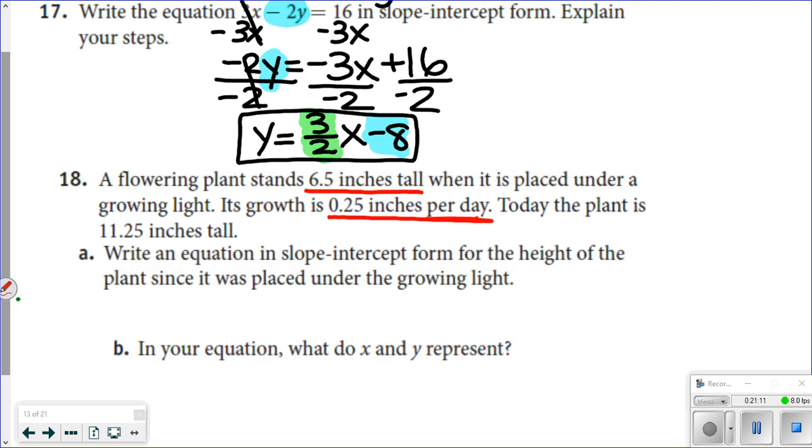And today, the plant is 11.25 inches tall. This reminds me of college when I was getting my biology minor. So question A says to write an equation in slope-intercept form for the height of the plant since it was placed under the growing light.